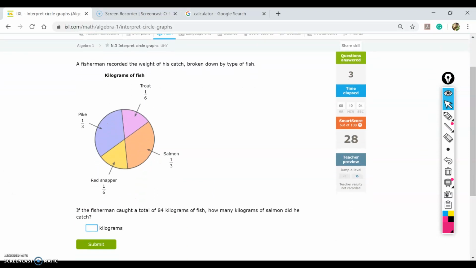Question number 4. A fisherman recorded the weight of his catch, broken down by type of fish. And then you have in here, with the type of fish, you have 1/6 for this type of fish, 1/3 for this type of fish, 1/6 for this type of fish, and 1/3 for this type of fish.